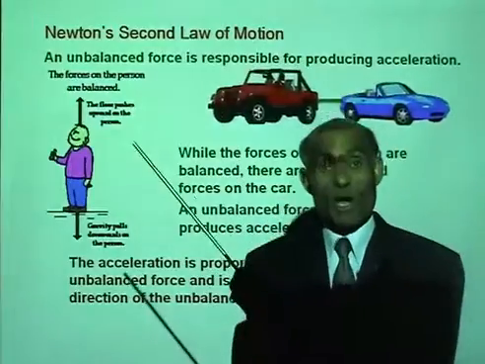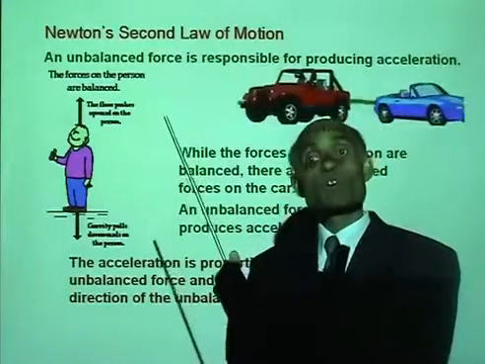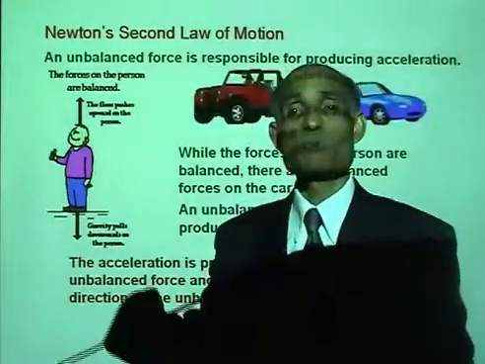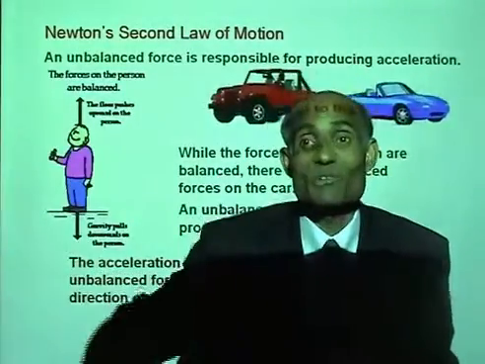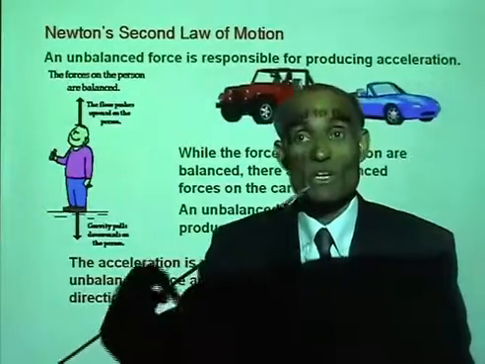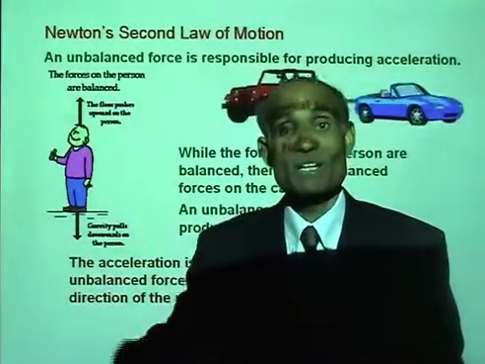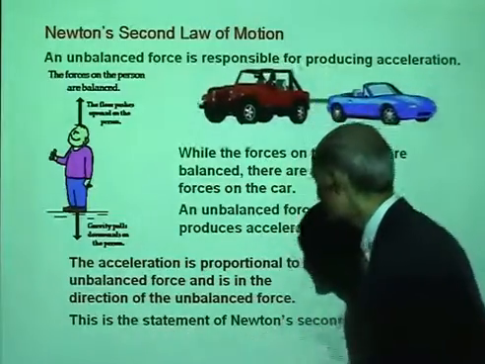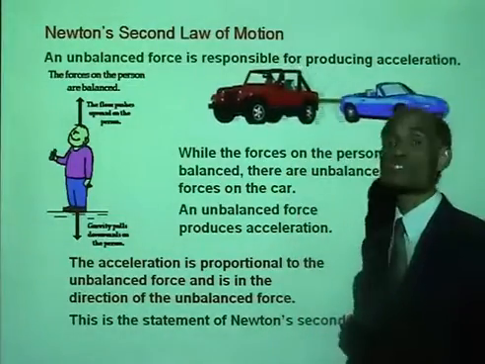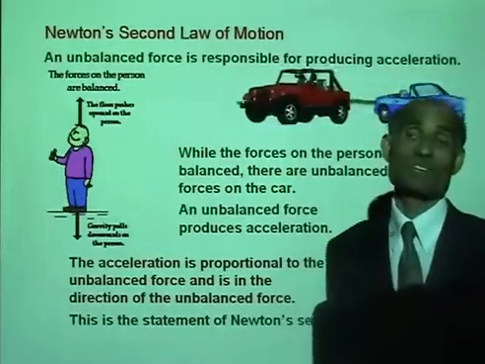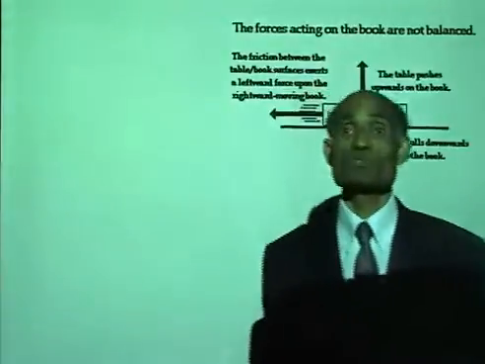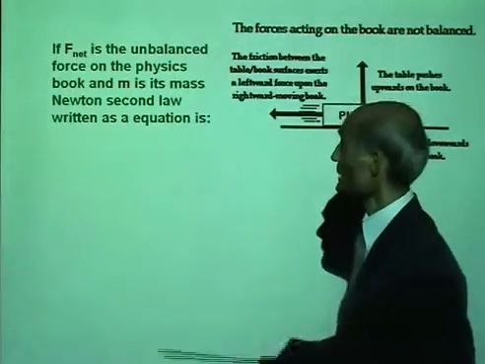A more powerful car can go from 0 to 90 in a very short time. It can produce a much greater acceleration. Is that right? When the unbalanced force is greater, the acceleration is greater. Now, this statement is Newton's second law of motion. So you must be familiar with both statements of Newton's laws.